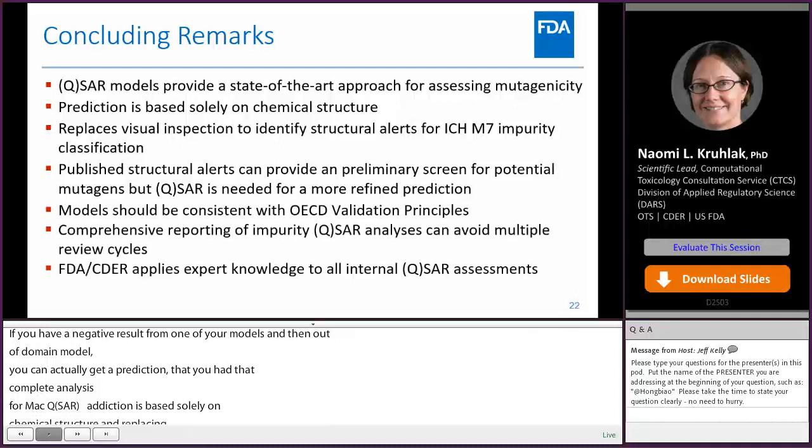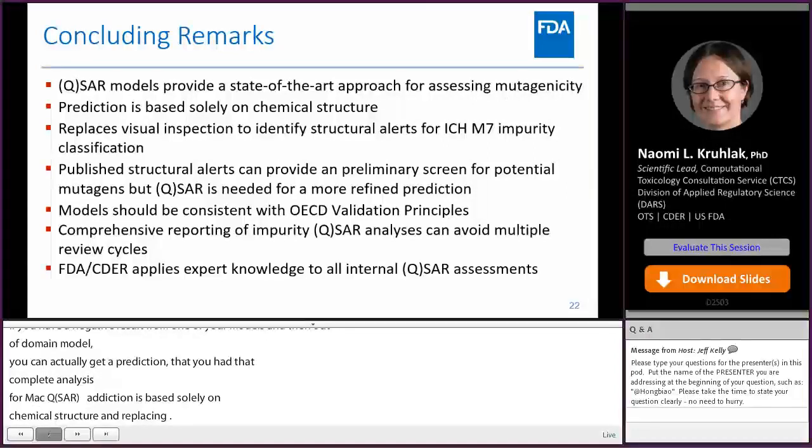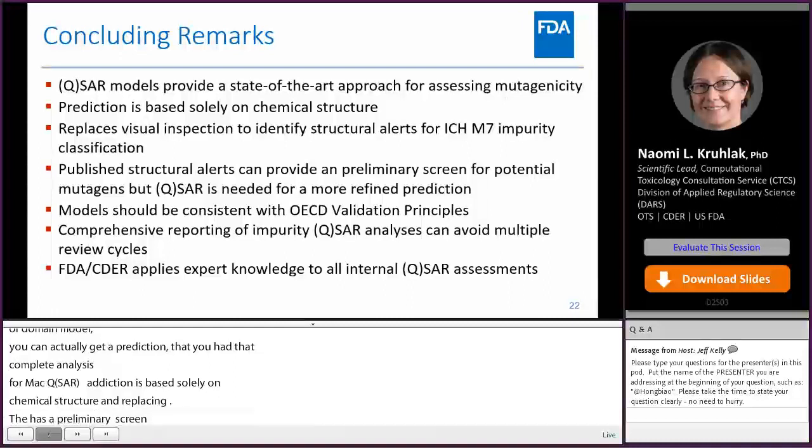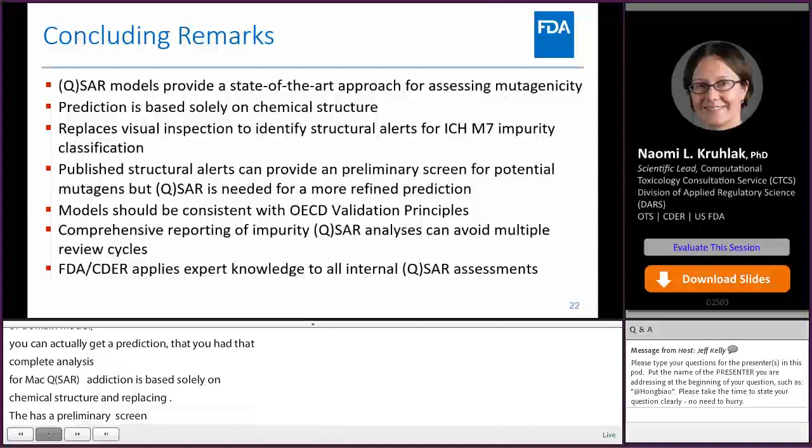Any models that are being used should be consistent with the OECD validation principles. Comprehensive reporting of impurity analyses really helps avoid multiple review cycles, so it's important to do that up front. And lastly, FDA CDER applies expert knowledge to all internal QSAR assessments because it's something we believe strongly in.